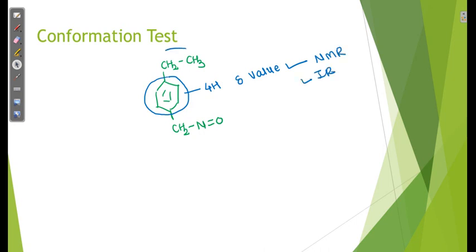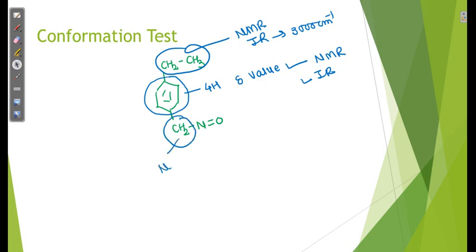This is confirmed from the NMR and IR. In the case of IR, it is 3000 centimeter inverse. This is confirmed from the NMR, and this is also confirmed from the IR.